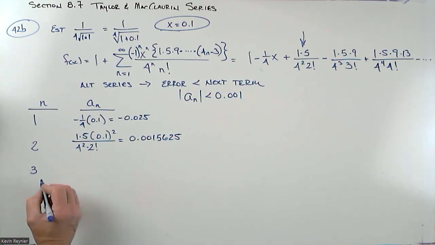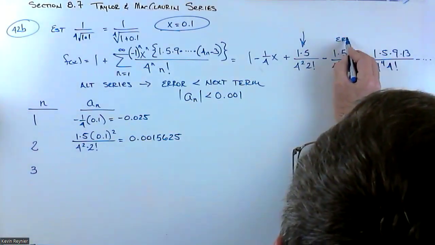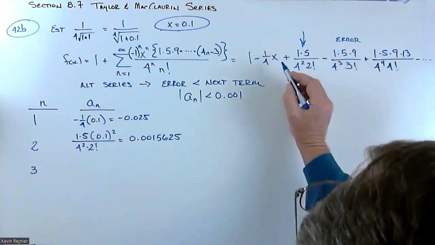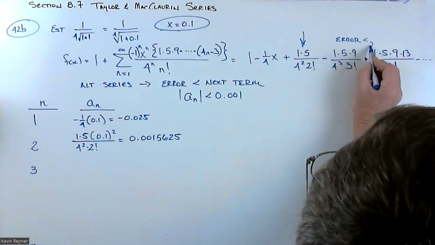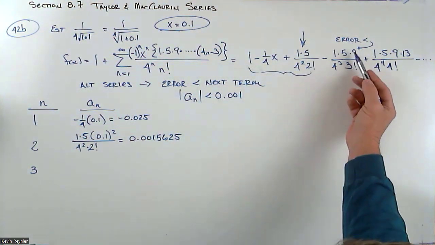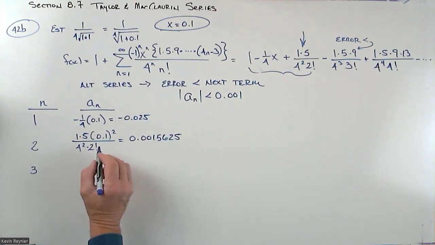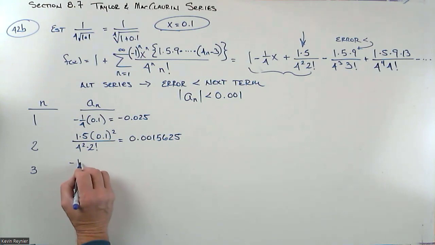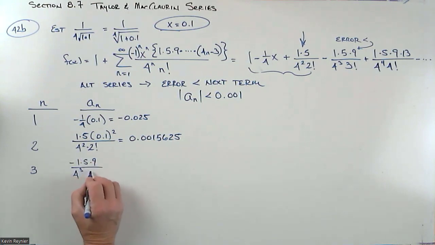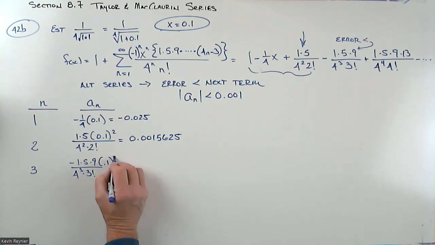So if we only go to 2 terms, our error is going to be less than the third term. We don't care about the negative, but it turns out to be negative 1 times 5 times 9, over 4 cubed, 3 factorial, times 0.1 cubed.